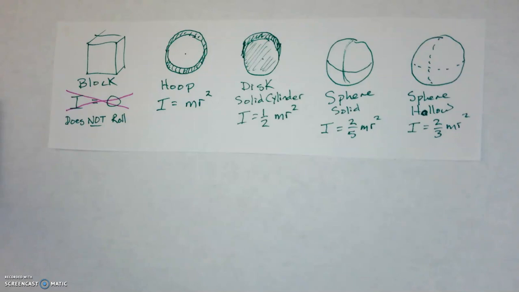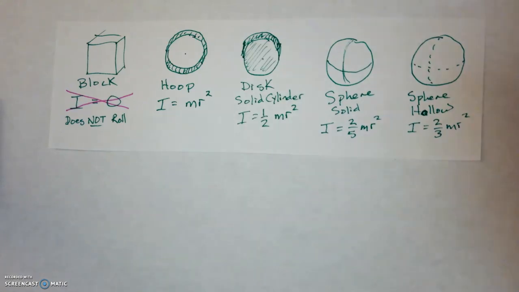We also have a solid sphere, like a bowling ball if it were uniform. And then we have a hollow sphere, something like a ping pong ball, where there's empty space in the middle and all of its mass is located at the radius. These moments of inertia are going to be helpful for us to calculate what's going on later.